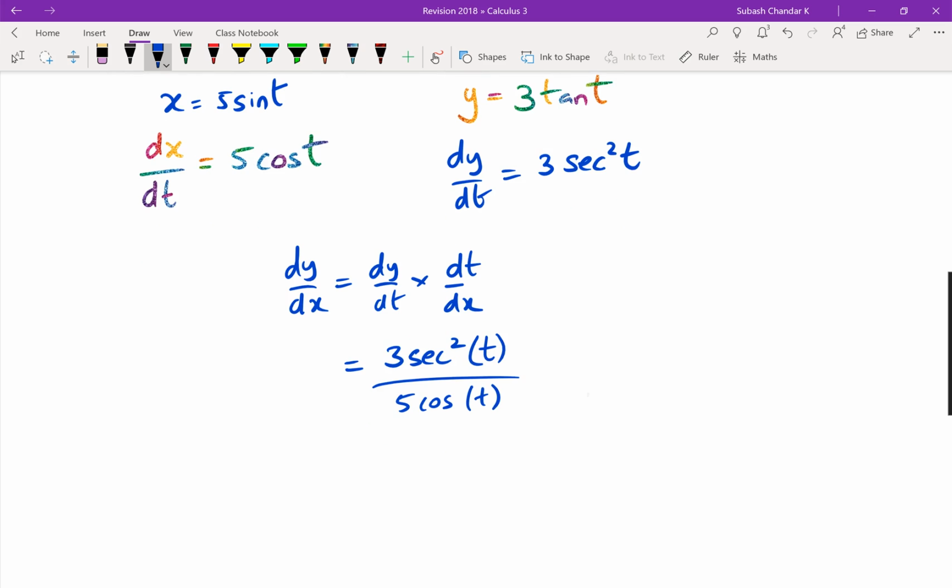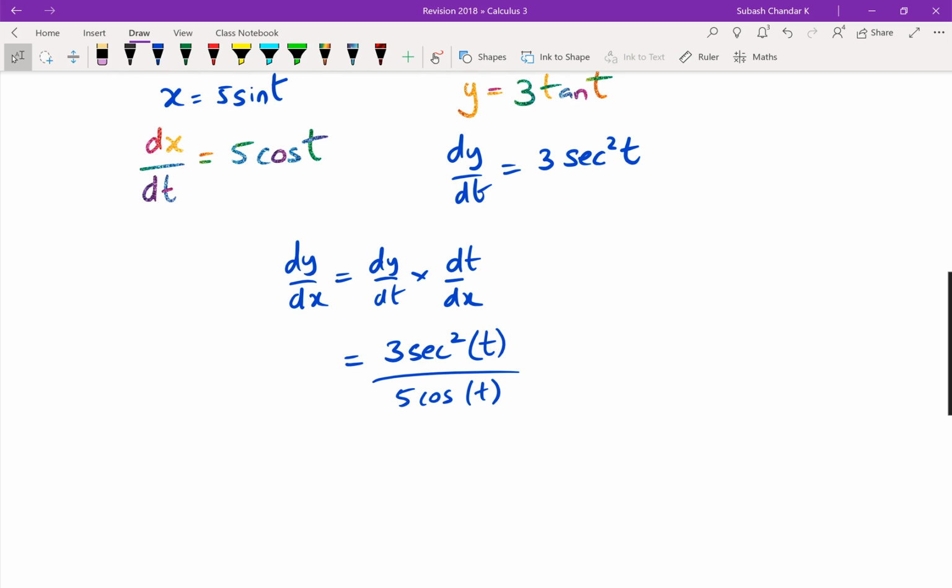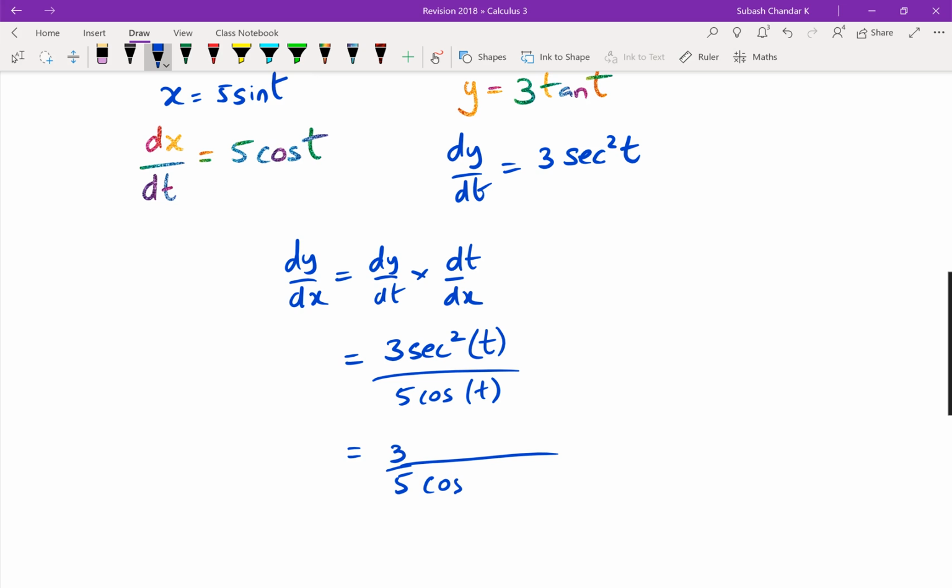Now here's the question. Why can't you just do this? I know you can go in the calculator and put t equal to pi over 3. But why can't you just do 3 over 5 cos t, and you know how sec squared t, if it's in the numerator it's sec squared, but if you bring it to the denominator it becomes cos squared t.